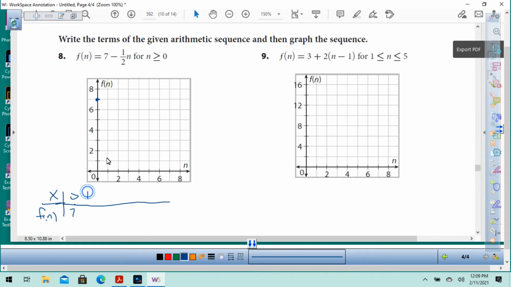Now if it is 1, put a 1 in there, so we're going to subtract a half off. That's going to be 6.5. So 1 and 6.5. And if you put a 2 in there, that's going to be 1, that's going to give you 6. All right. Put a 3 in there. That's going to be 3 halves, so that's going to make that 5.5.